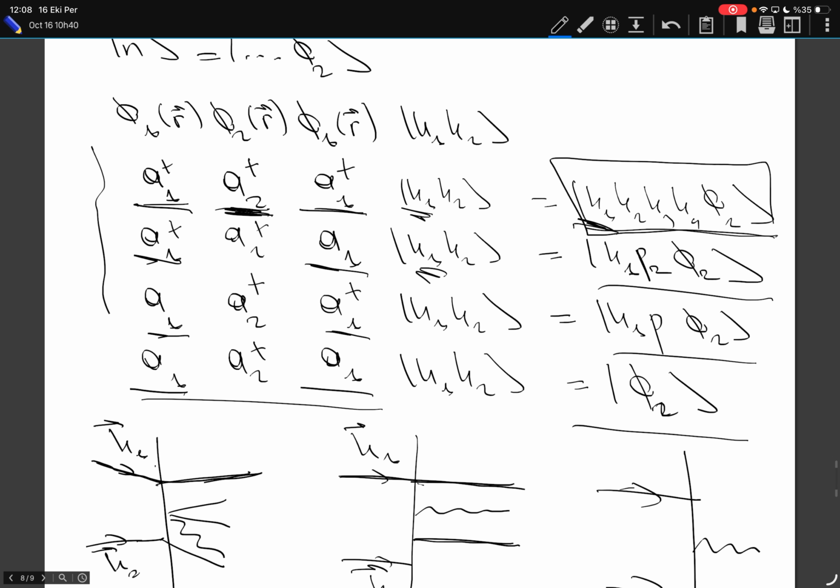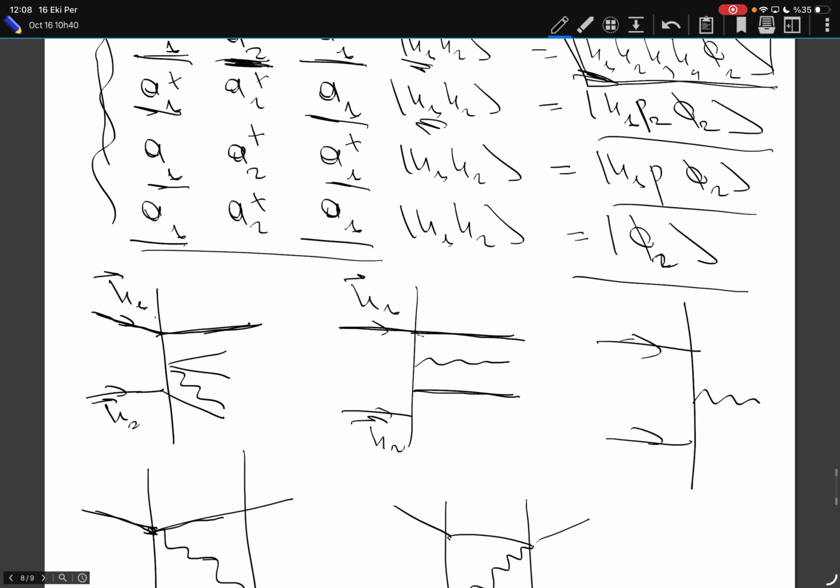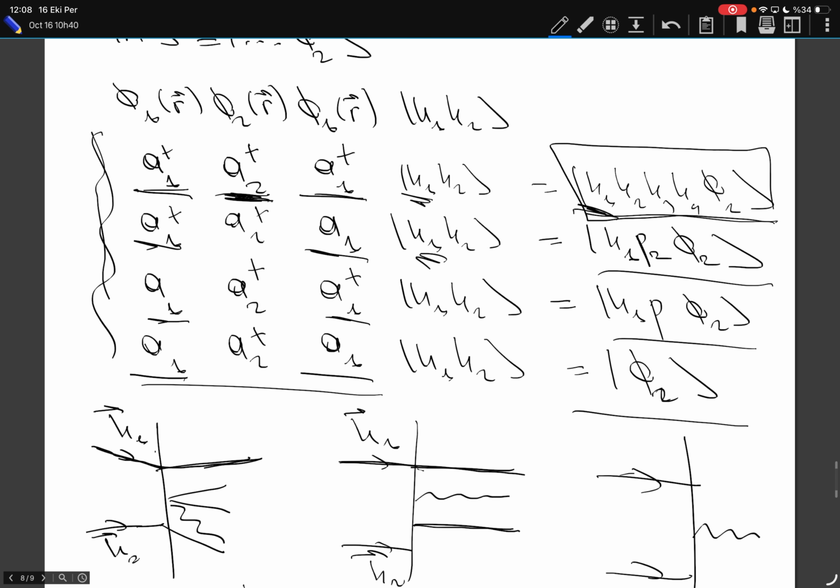All the other terms will be 0. That was the main thing I wanted to achieve in this discussion. Then I restricted my summation to only these 3 kinds of intermediate states. The middle 2 are the same kind of states because I have 2 phi1 particles and 1 phi2 particle in that intermediate state, in both of them.